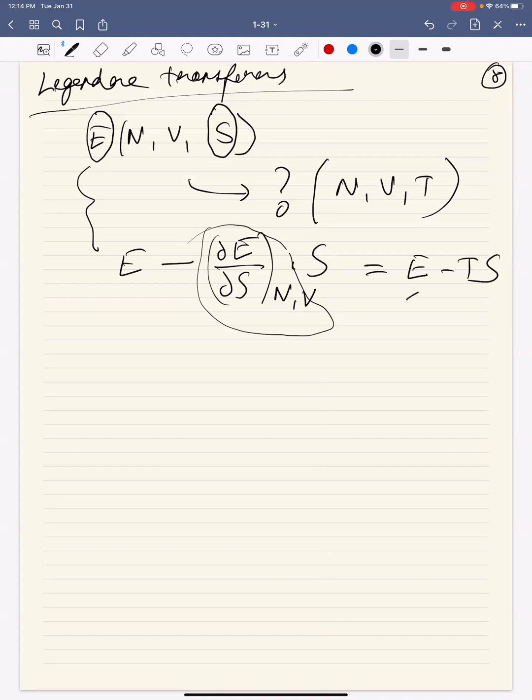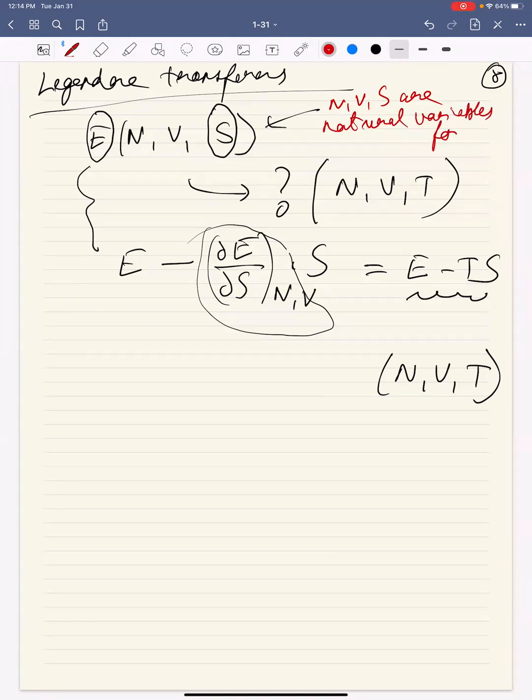And we give this a name. Whatever name we give this will be a function that depends on NVT, and NVT are the natural variables for this function. So the whole point here is that NVS are natural variables for E, while S of NVE is thermodynamically complete.